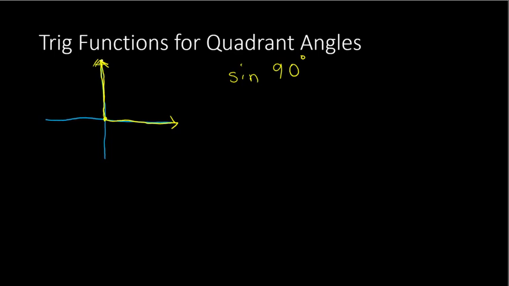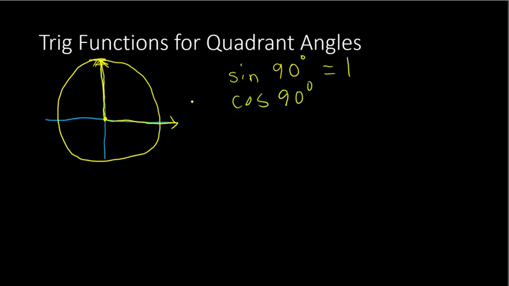So if you're thinking through a unit circle where the circle has a radius of 1, that y component would equal 1. Whereas the cosine of 90 degrees, that would be the x value, the x component, and notice it does not go over left or right at all. There is no x component, so cosine of 90 would be 0.